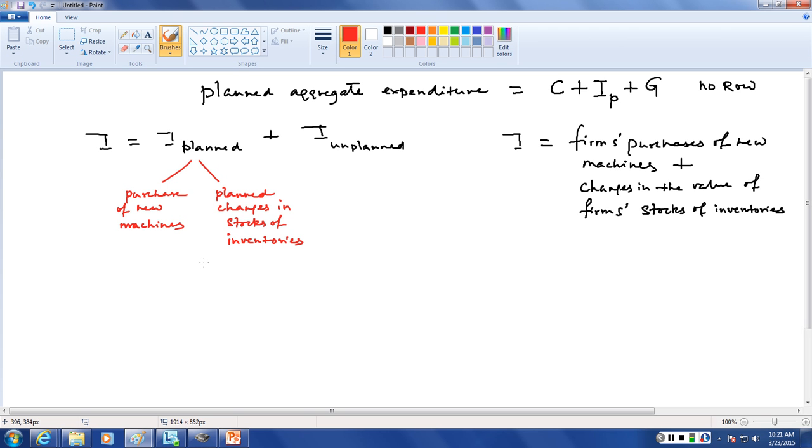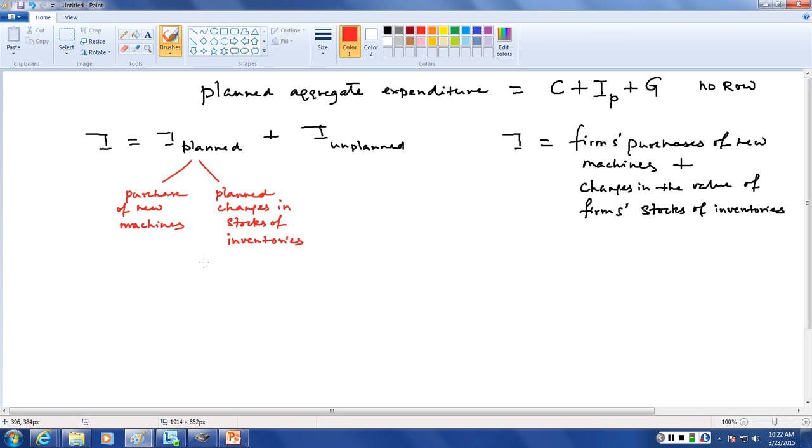So let's say you have a company that makes sneakers, and this sneaker manufacturer has produced 1 million pairs of sneakers, expecting to sell all those pairs, but in the end finds that it has managed to sell only 950,000 pairs. Am I correct? In other words, 50,000 pairs have gone unsold. What will the firm do with these unsold sneakers? Well, it will go into the firm's stockroom, won't it? It will go into the firm's warehouse, am I correct?